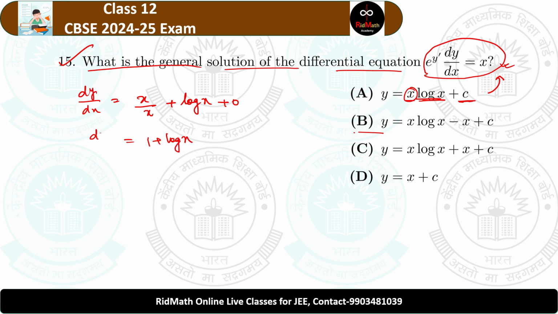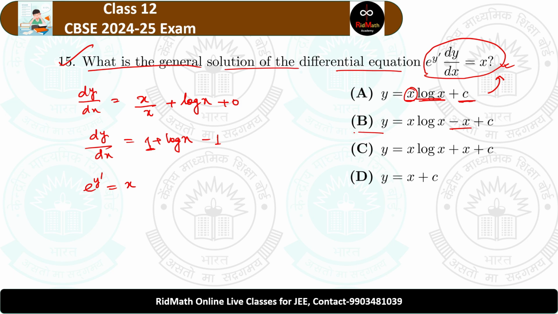So you can see if this is dy by dx equal to log x, then we can write it as e to the power y dash equal to x, because log x is equal to dy dx. Then this one should be cancelled out and this should be minus 1.